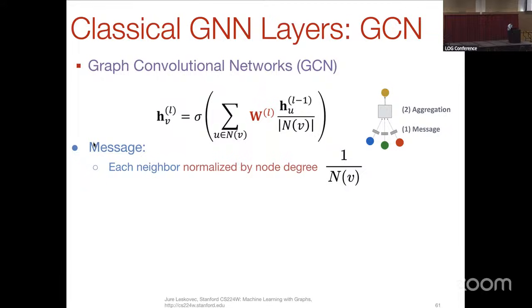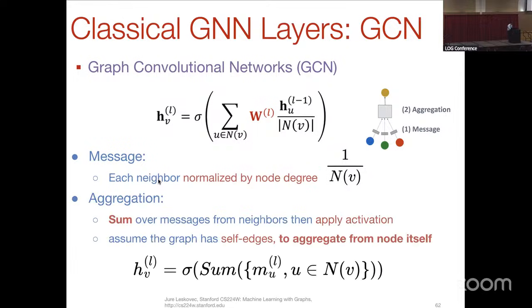So in the message part, each neighbor is normalized by the node degree. Right? And then when you are doing the aggregation in the GCN setup, you will simply just sum over the messages from the neighbors. And then here, there's also a step of the self edges to include the node representation of itself, which is important to preserve that information as you do propagation.